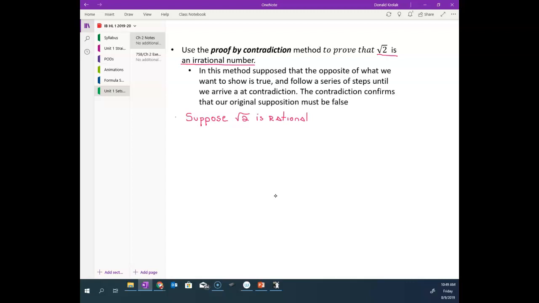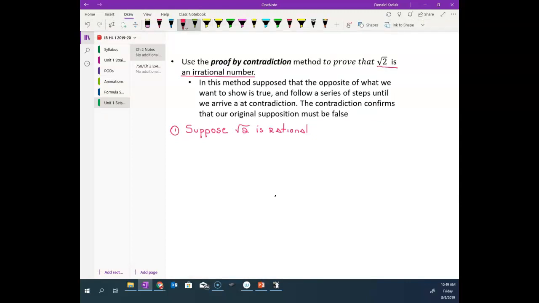Okay, so this was statement 1. Okay, so we're going to assume the opposite of what we want to show is true.